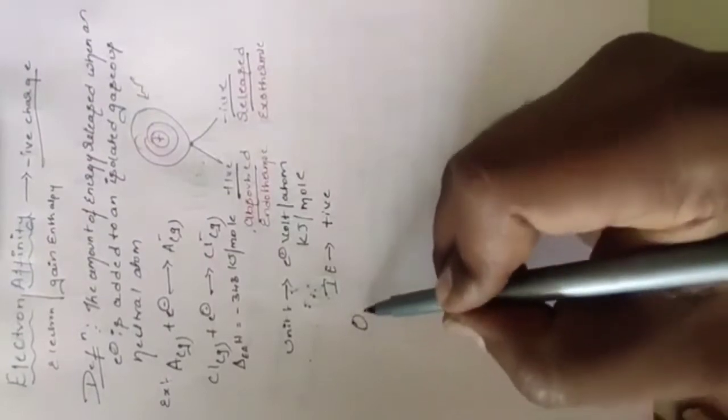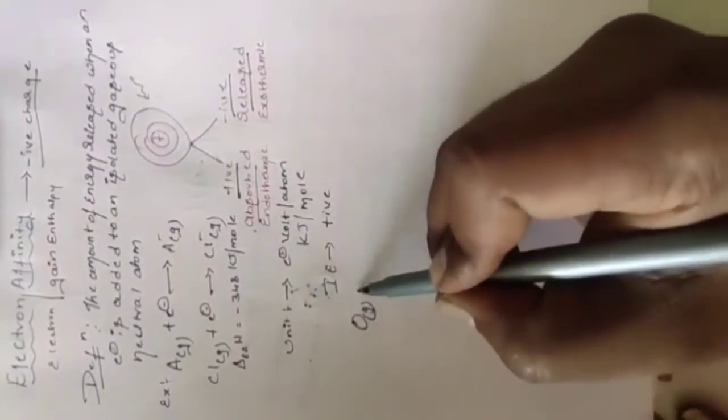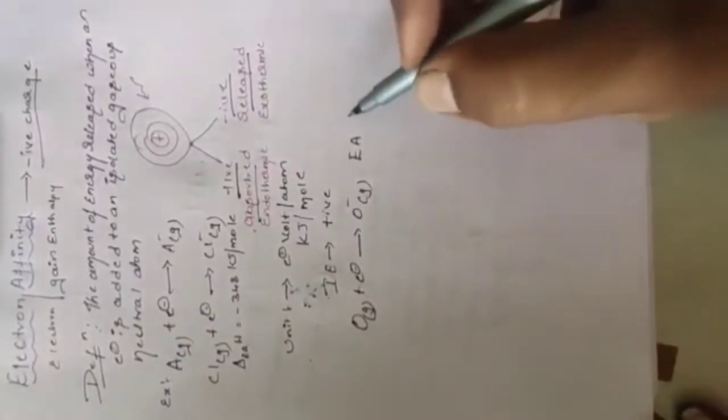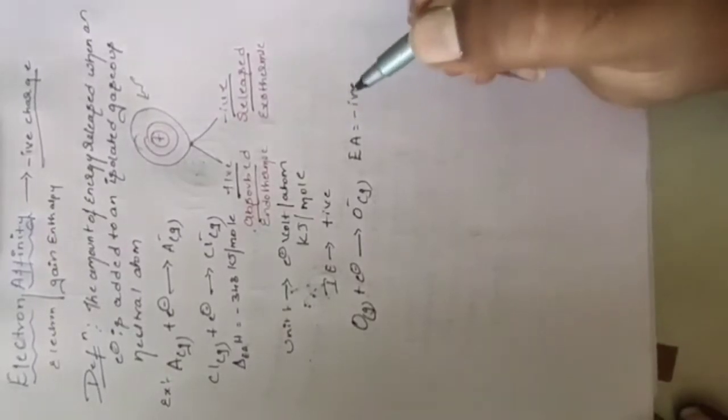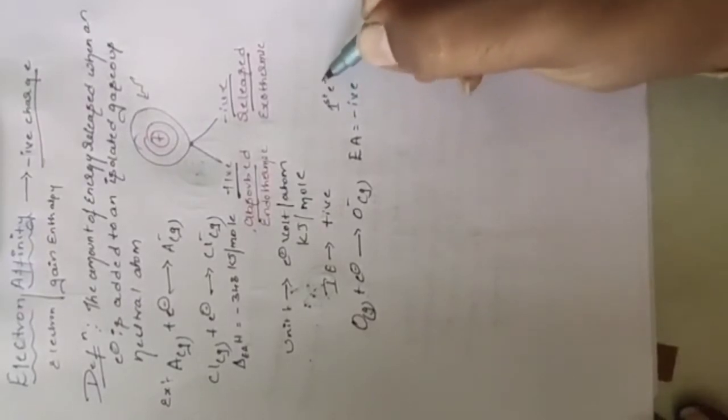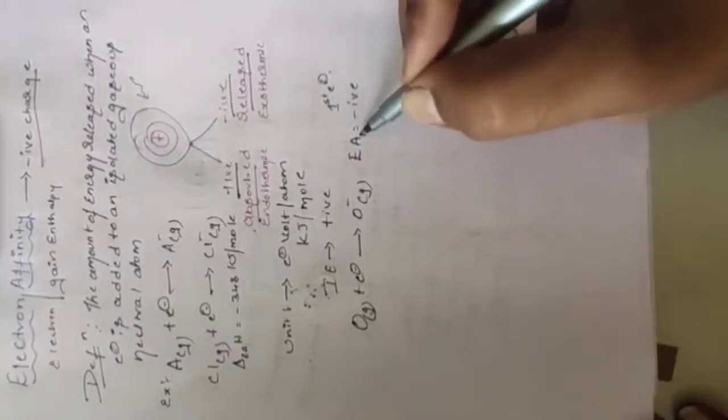Example, I am taking oxygen in the gaseous state. If we add an electron, it becomes oxygen anion. Its electron affinity has a negative sign, correct? Because it is the first electron affinity, for that we will write 1.